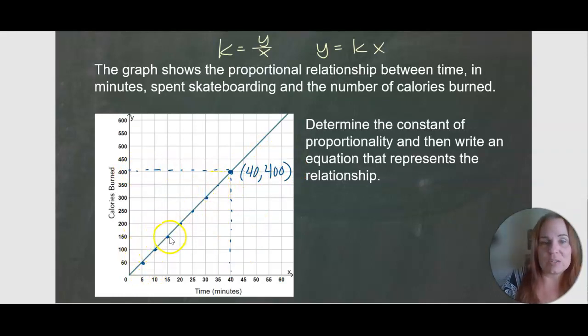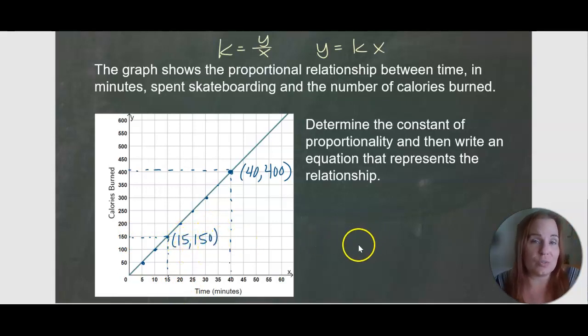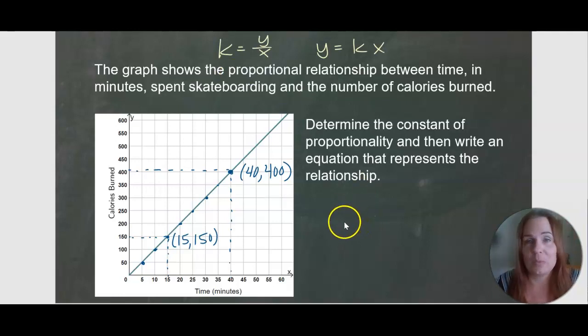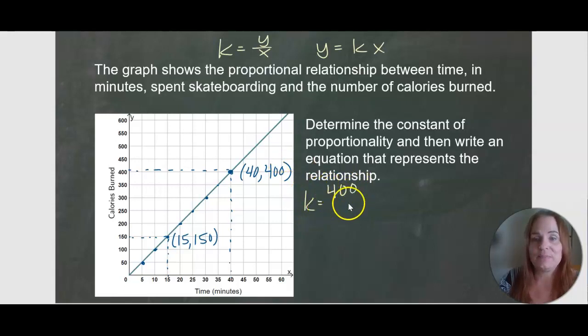I can do that with any of the other points that I marked too, right? So I can see that this one is 150 and this one is 15, right? 15 and 150. Here's the good news. When you're determining your constant of proportionality, you can use any point you want. So I'll use the 400 divided by 40 point, right? To find k, I'm going to do y, my dependent, divided by x, my independent, and I get 10.